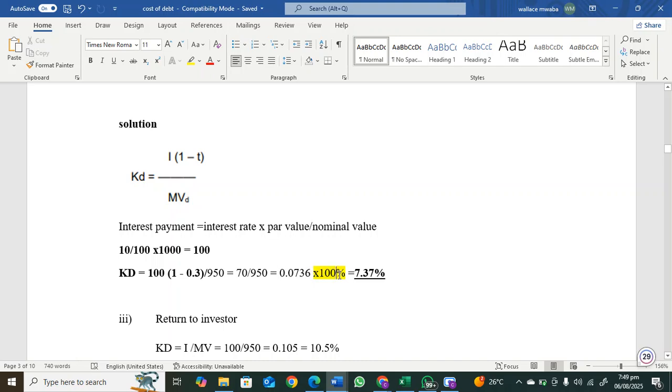Multiply this by 100%, and the cost of debt to the company is 7.37%, which is also called the after-tax cost of debt. You will hear this term, after-tax cost of debt. Any questions?